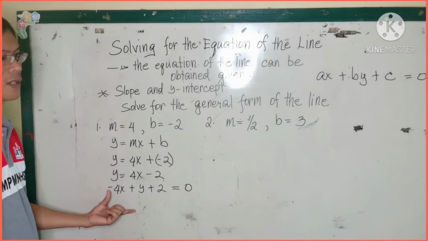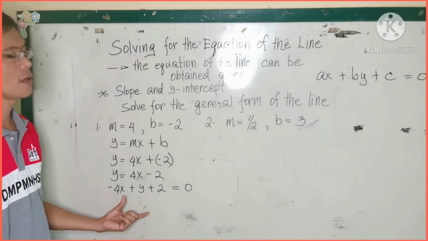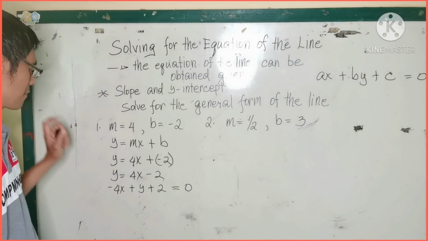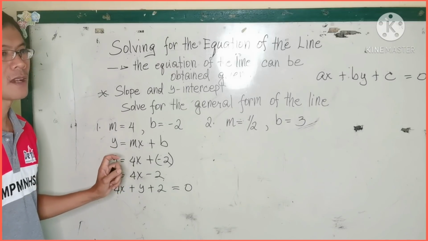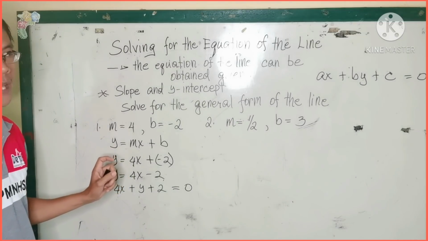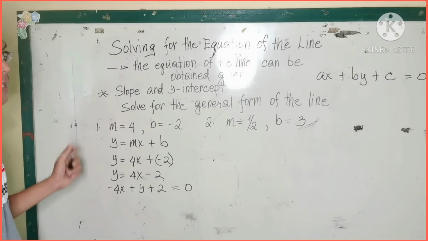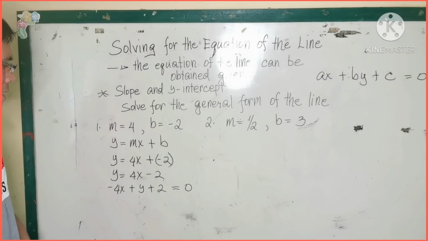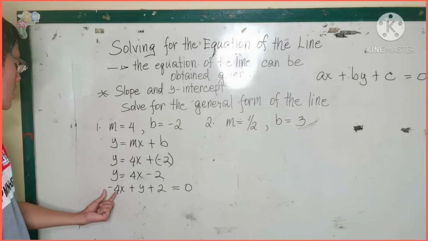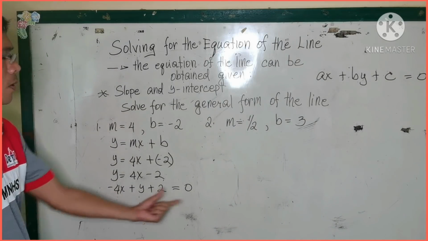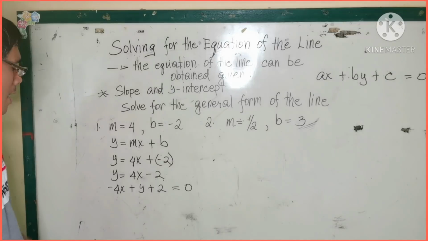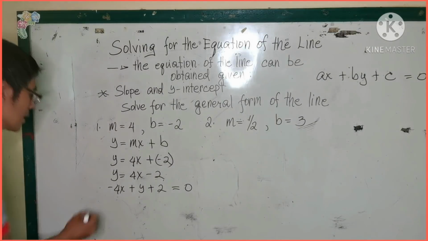Take note that if we are talking about the equation of the line, the leading term should always be in positive sign. Since the sign is negative, we will simply multiply negative to all the terms.